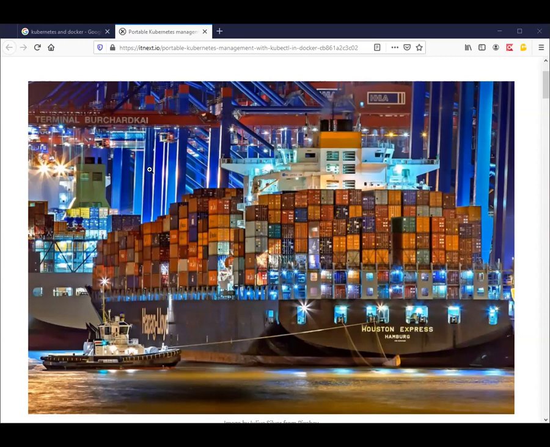So Docker is nothing but it's got all the cranes, right? So these cranes will do a loading of the containers into your ship.